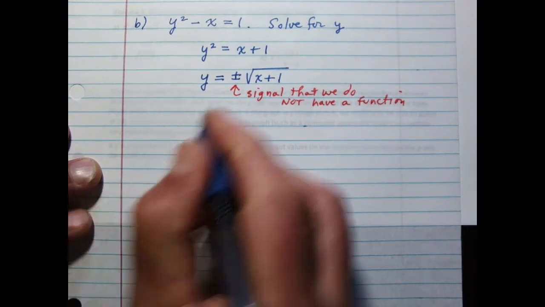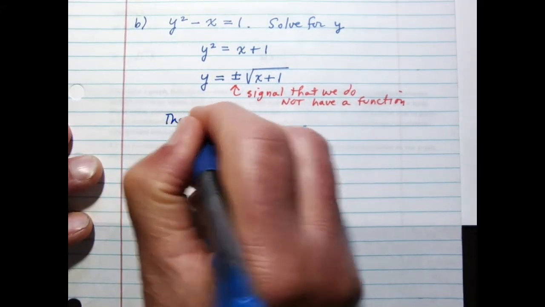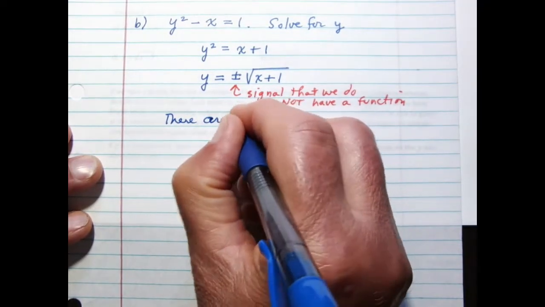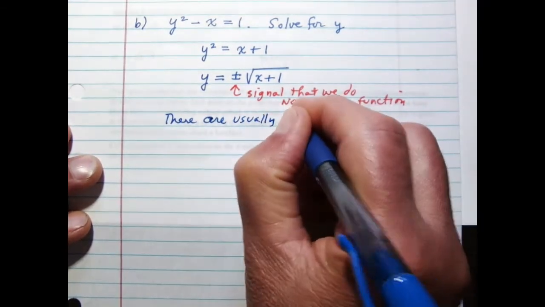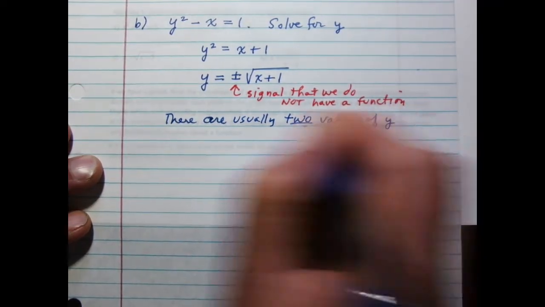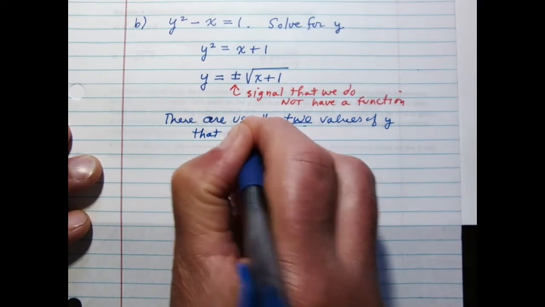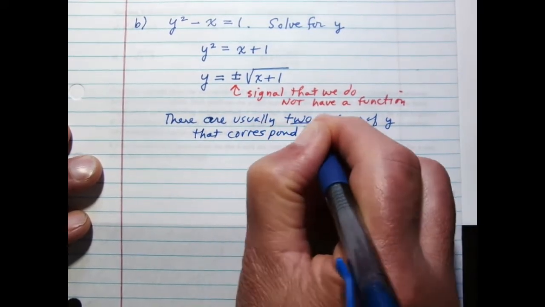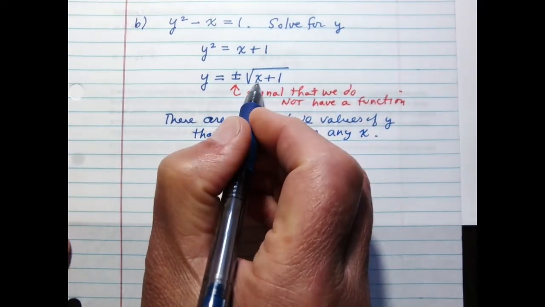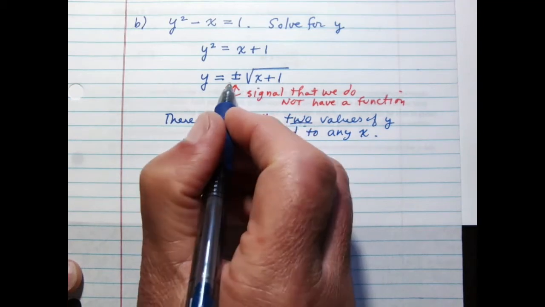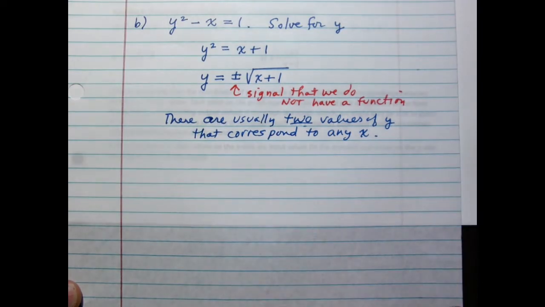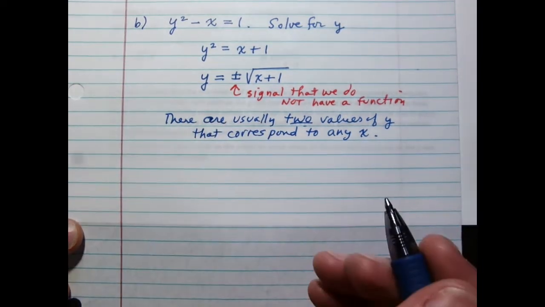And that's because there are usually 2 values of y that correspond to any x value, right? If I plug in a value for x, even if I plug in 0 for x, I'm going to get plus or minus the square root of 1, positive 1, negative 1. I get 2 y values that correspond to that given x value.